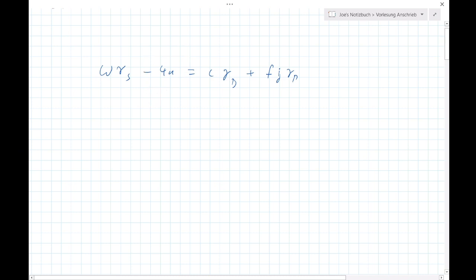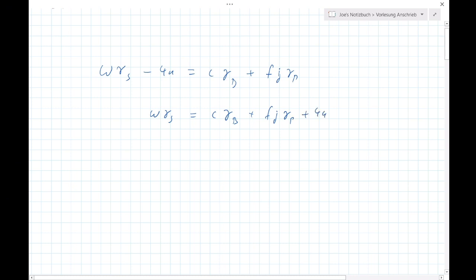So you could also write it like this: the available electrons from our substrate, which is the degree of reduction times the number of carbons, is equal to C degree of reduction biomass plus F degree of reduction product plus 4a.